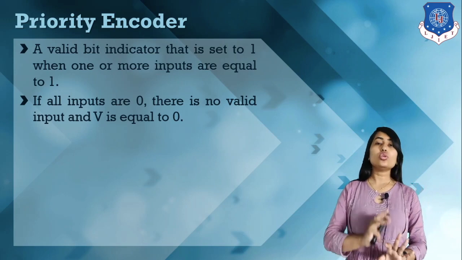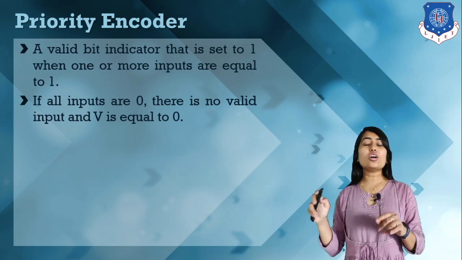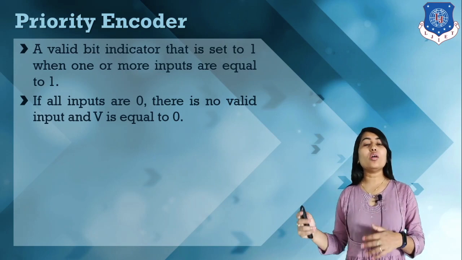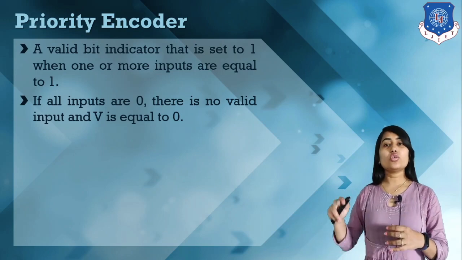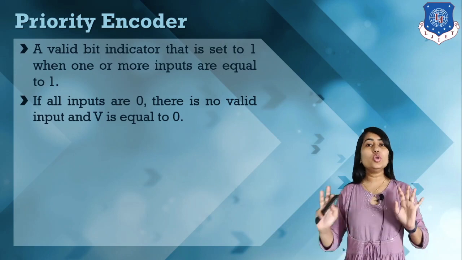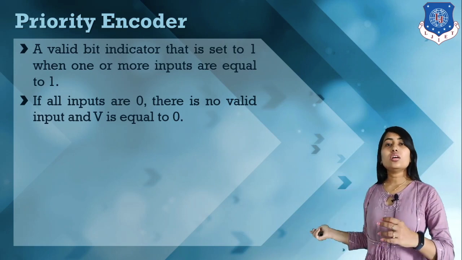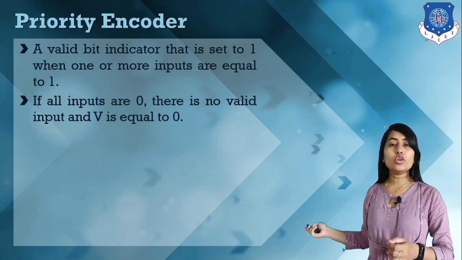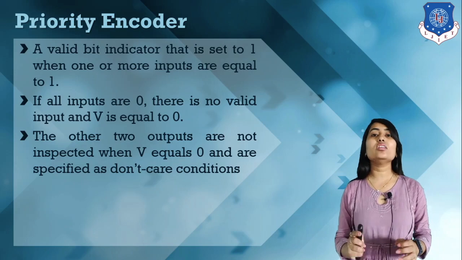So we check this V bit, and according to the V bit we have our results. We have results when V is equal to 1. If V is equal to 0, then we have no output because there are no valid inputs. In a priority encoder, the priority is decided by the subscript number.